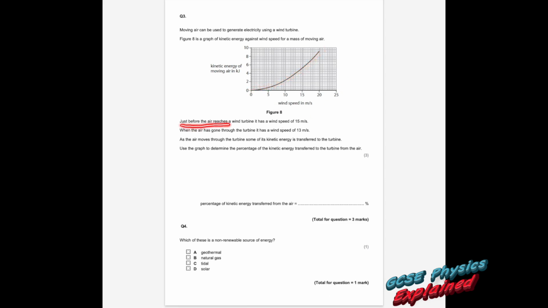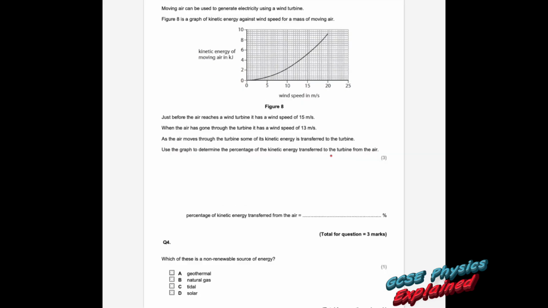Just before the air reaches a wind turbine, it has a wind speed of 15 meters a second. When the air has gone through the turbine, it's got a wind speed of 13 meters a second. As the air moves through the turbine, some of its kinetic energy is transferred to the turbine. Use the graph to determine the percentage of the kinetic energy transferred to the turbine from the air.